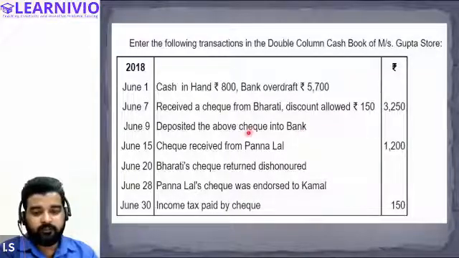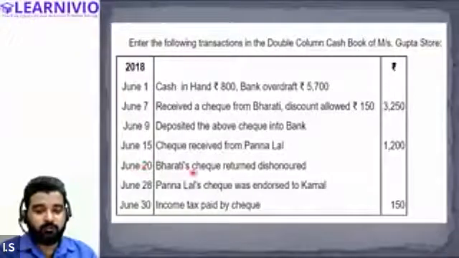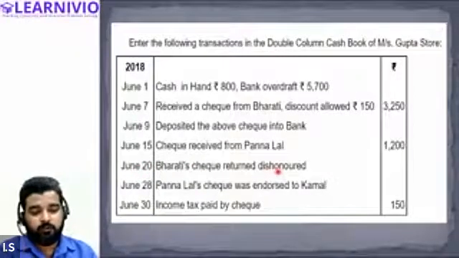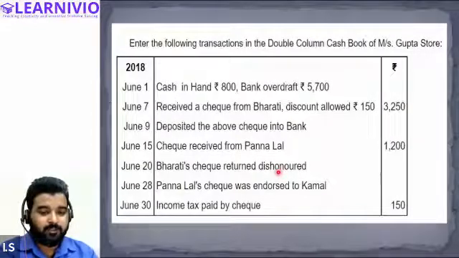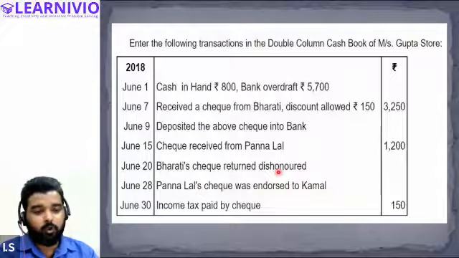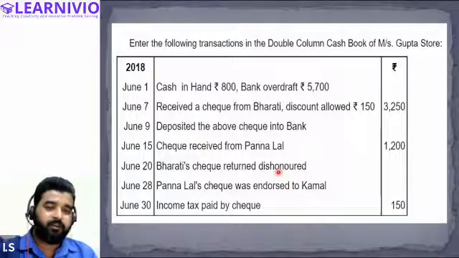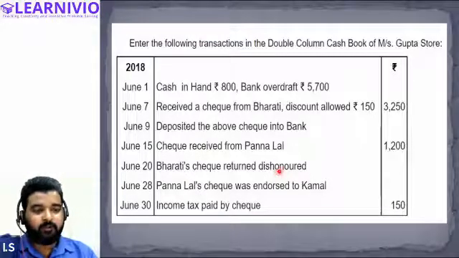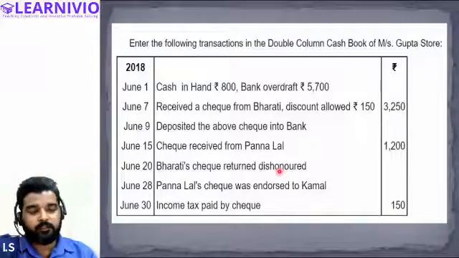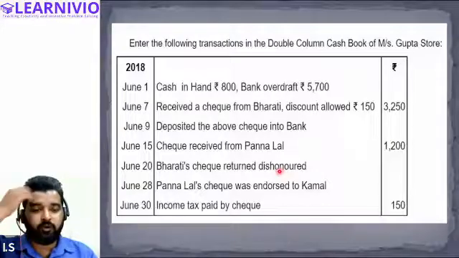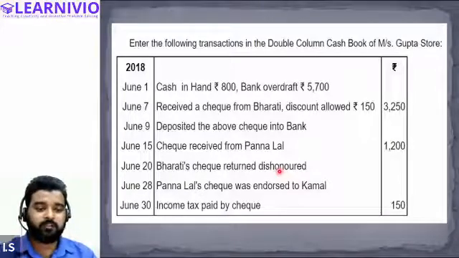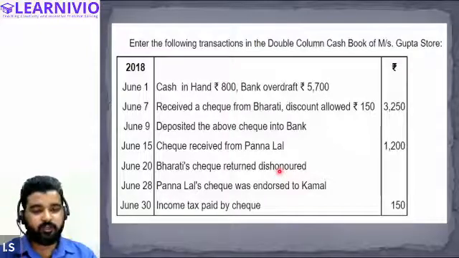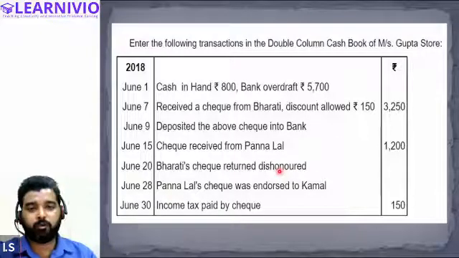After that, on the 20th June, what is happening? Bharti's check returned dishonored. Basically, the bank has denied the payment against the check. So a dishonored check is basically a loss. It will reduce the amount of bank balance, right? Initially you recorded the bank transaction in the cash book, considering that because you received the check, it would increase the bank balance.